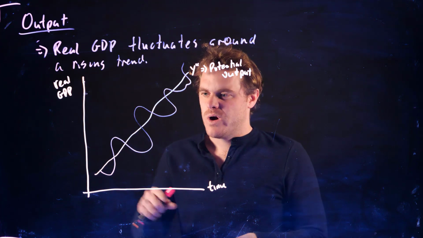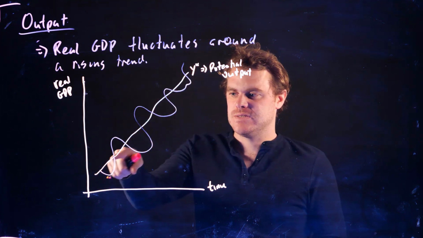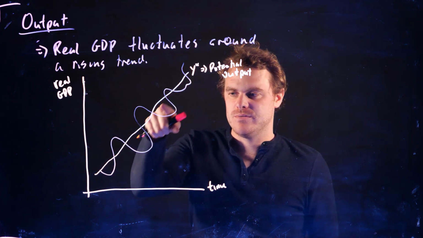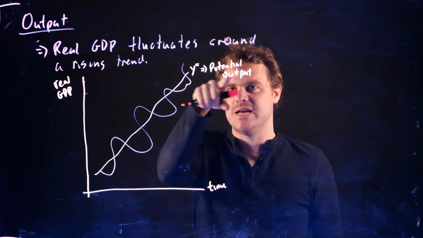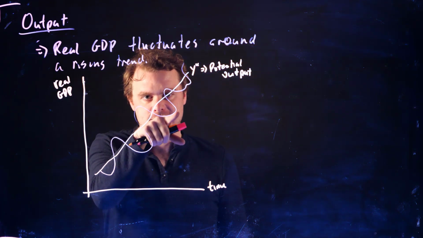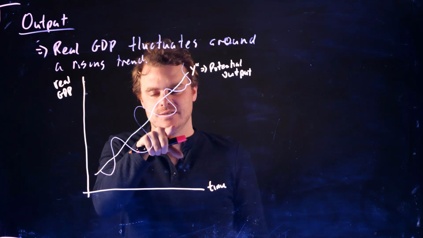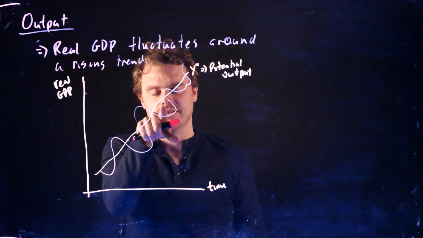And so we're interested in both this steady trend up. This is about economic growth, this nice steady trend up of potential GDP. And this oscillating thing around the rising trend, this is the actual GDP, and this is what the business cycle is about.